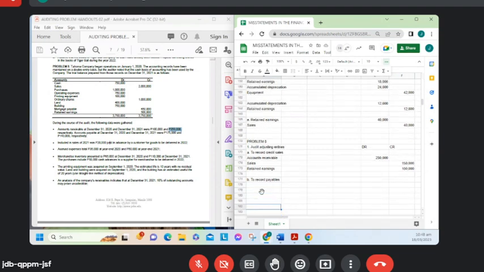So what does it mean? Again, the recorded purchases are insufficient. So what's the impact of that? The purchases or the cost of sales is overstated. So we have to debit retained earnings by the amount of 175,000 pesos.